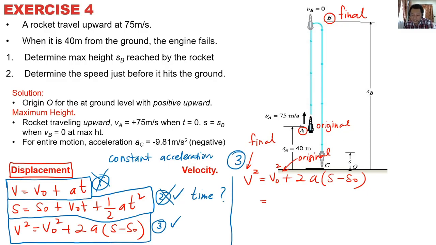If you imagine, this rocket originally has an engine. Suddenly it failed. No more engine. It is only traveling at 75 meters per second at this location. Original velocity is 75 meters per second.